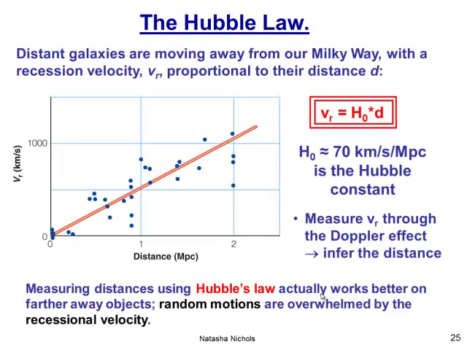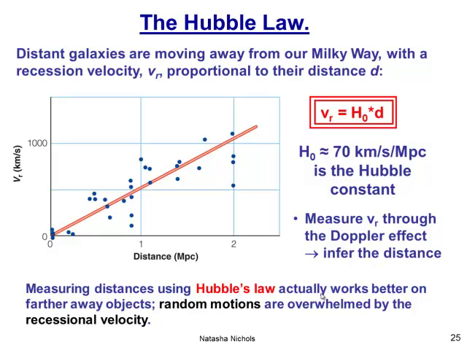Let's talk a little bit about the Hubble law. Hubble was the first to realize that the recessional velocity, meaning how quickly galaxies are moving away from us, is proportional to their distance, how far away they are from us.